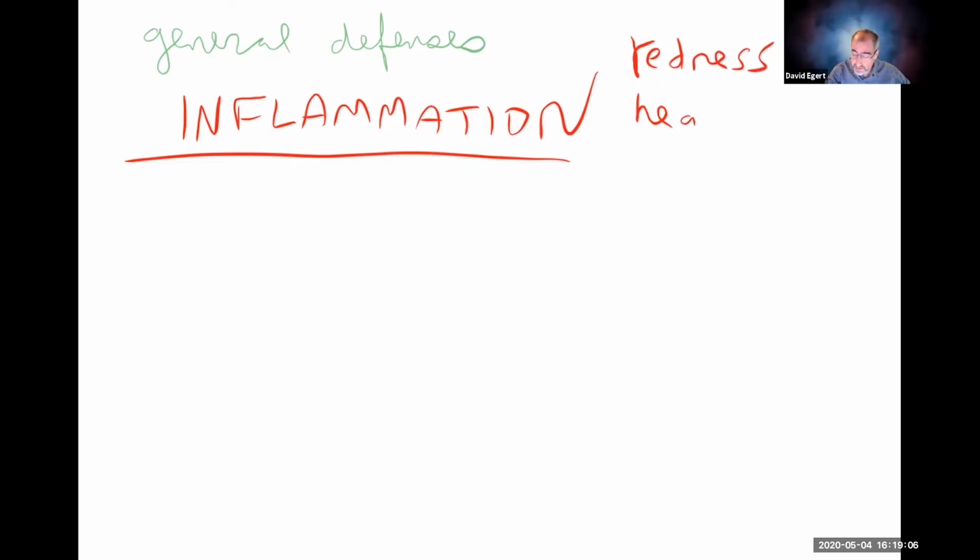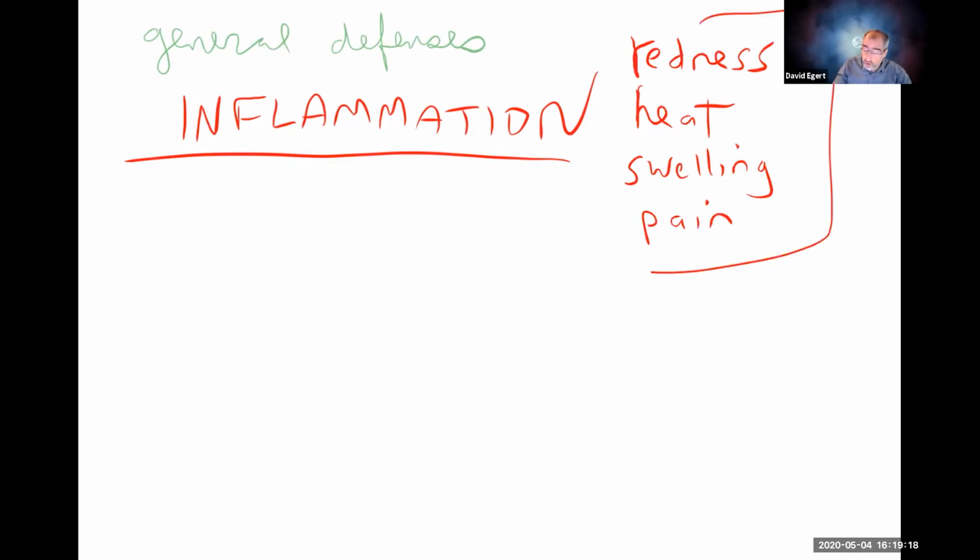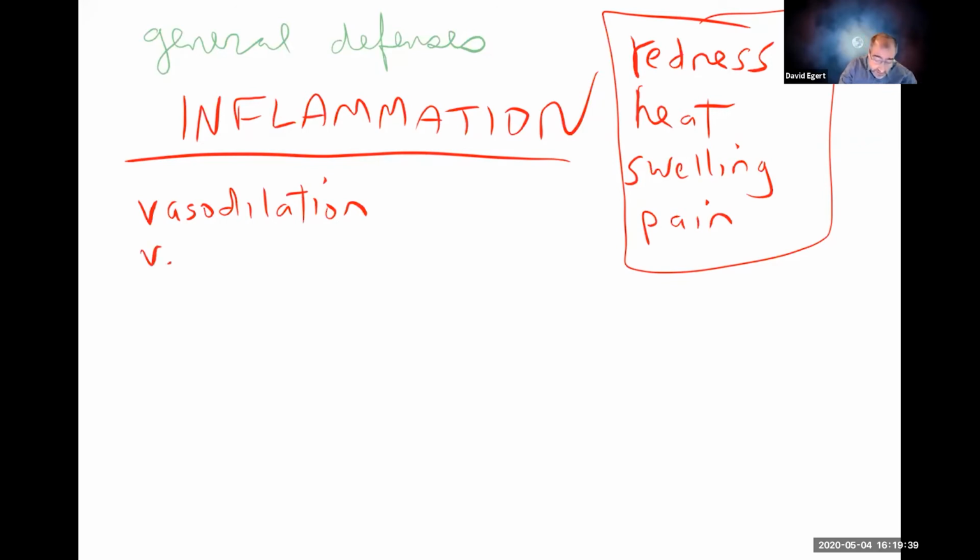Heat, the area tends to get hot. Swelling, the area tends to swell up. And pain, it tends to get painful. So these are the four hallmarks of inflammation. Let's talk more on a physiological level about how those come about and why it's a useful thing. So the things that happen: vasodilation. More blood is coming into the region and the vessels get leaky.